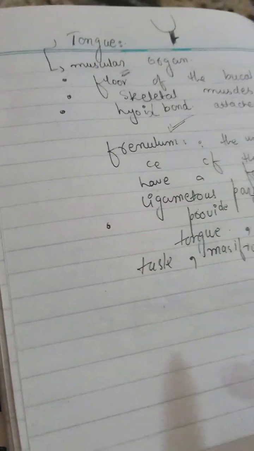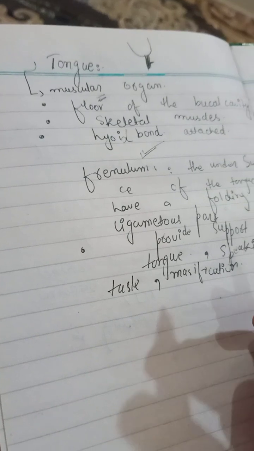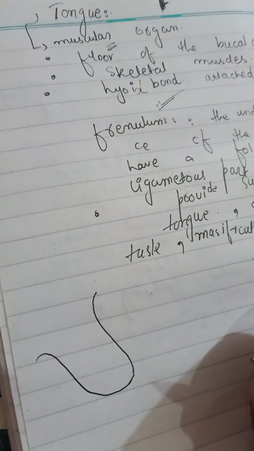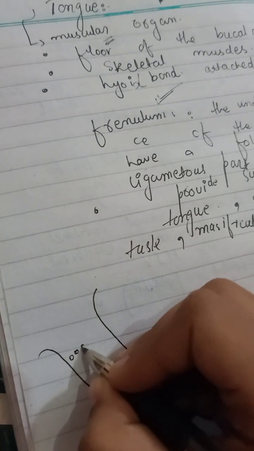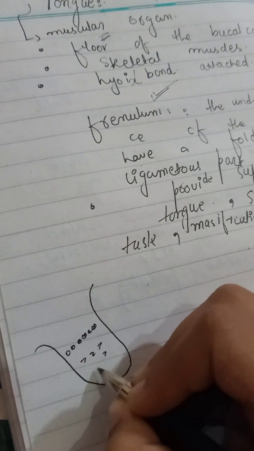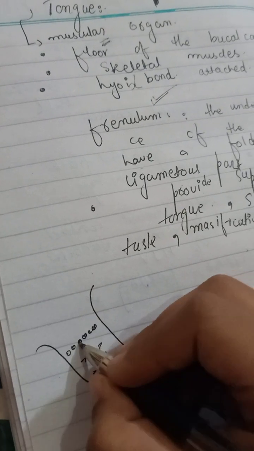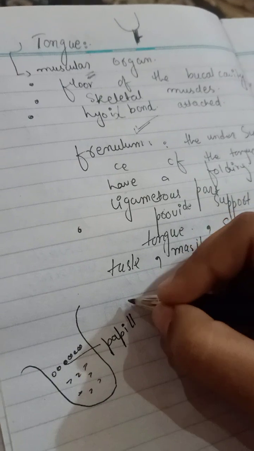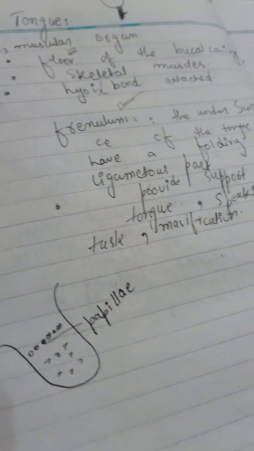Now let's talk about the main structure of the tongue. You can see that there are some spots present on the tongue, that are called the papillae, okay. That is called the papilla.